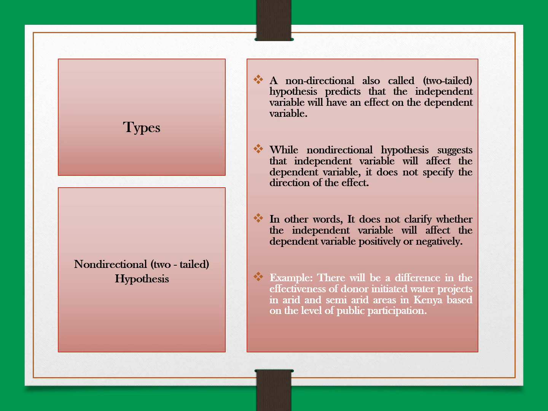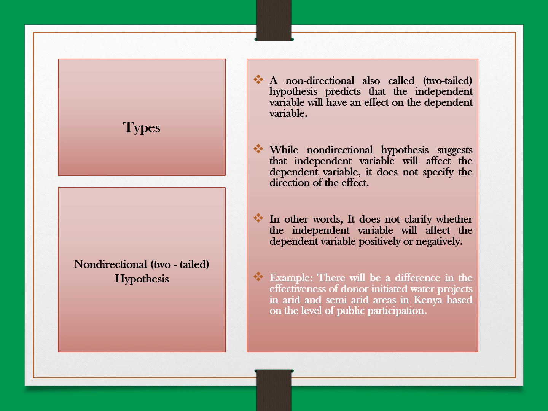For example, there will be a difference in the effectiveness of donor-initiated water projects in arid and semi-arid areas in Kenya based on the level of public participation. It is simply saying that there will be a difference in effectiveness. Like I said, in this case, it is not telling us the direction.